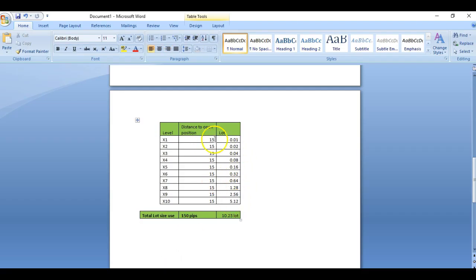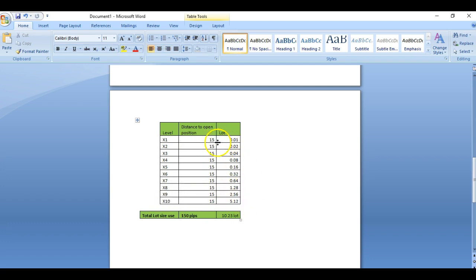Let's say for the next level, after 15 pips is reached, this is your second lot size. If another 15 pips, this is another lot size, until it reaches 10 levels. So the total will be 150 pips if you reach 10 levels.